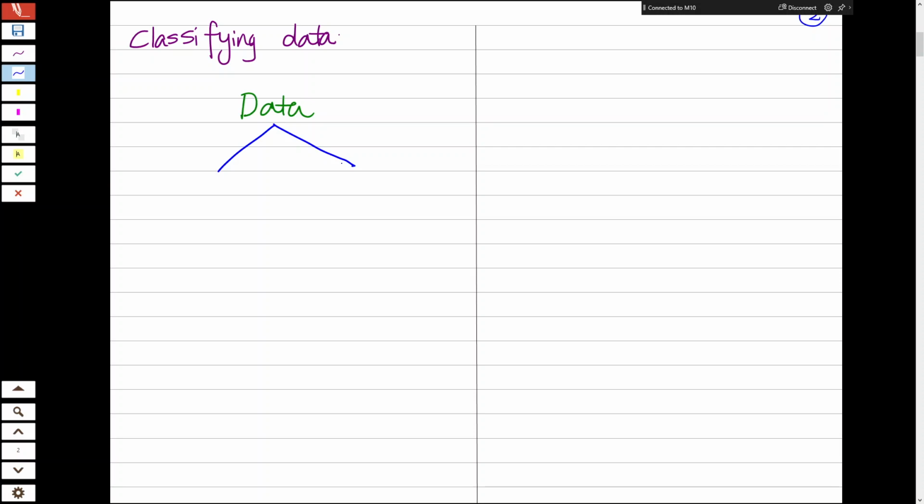And there are different kinds of data. So I'm imagining you drew a diagram like this in previous years, and you might have used two words, categorical and numerical, to distinguish between the different types of data.